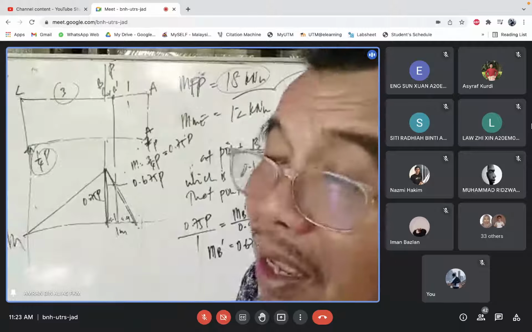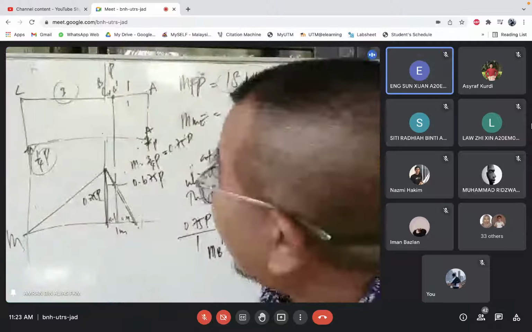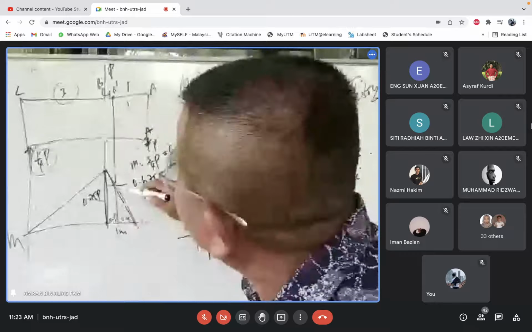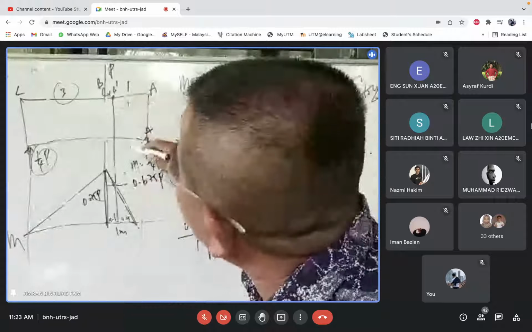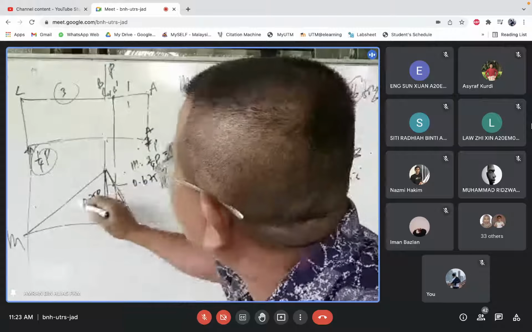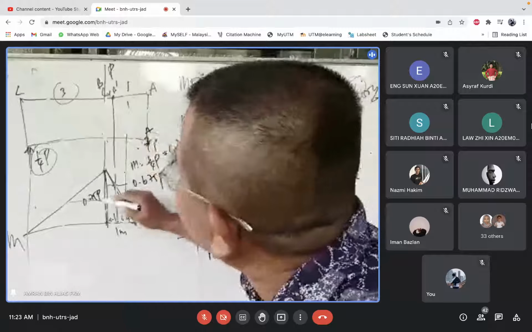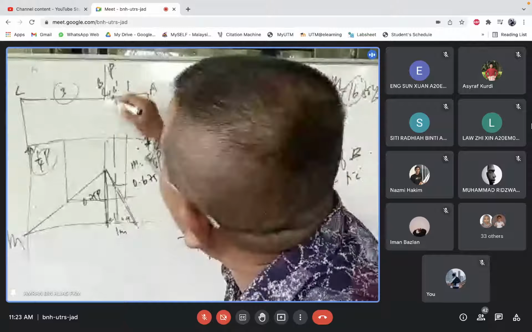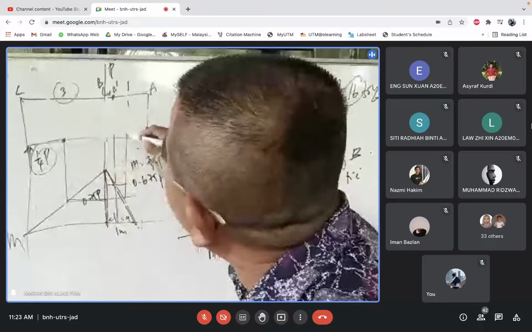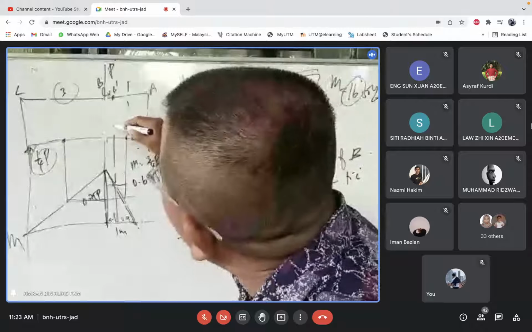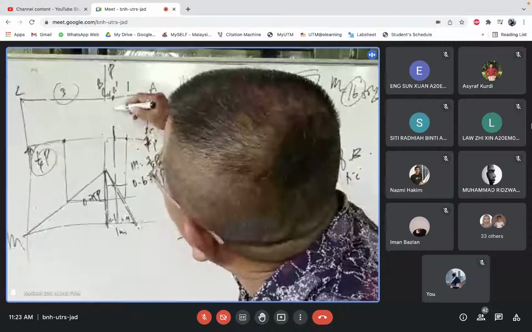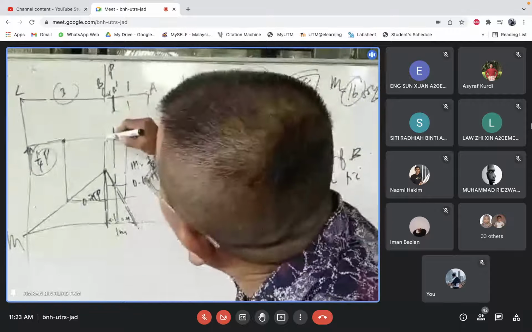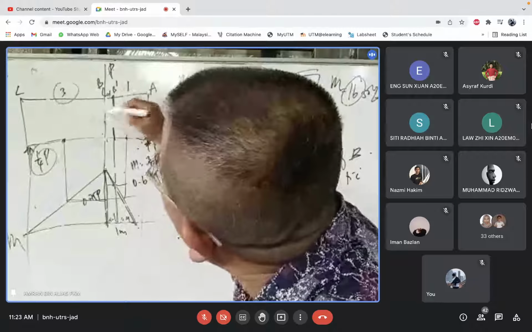Are you with me? Yes. I don't have to solve this one, I just draw this one. Maybe the maximum, the starting of plastic is there. This one is 50% plastic, 50% plastic, so this one must be a bit higher than 50%.